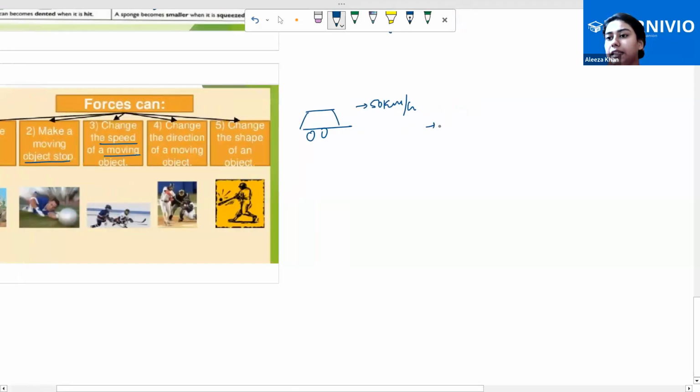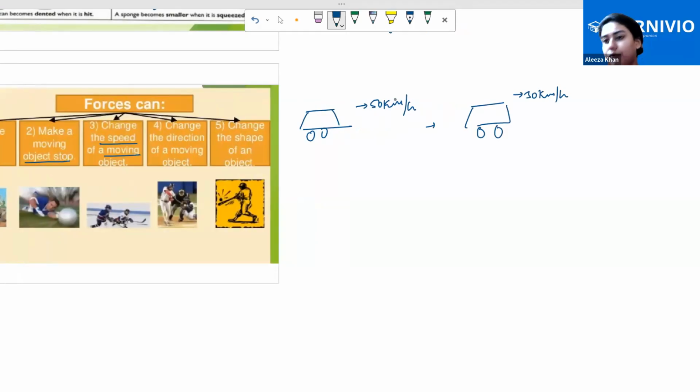After applying the brakes, you have reduced the speed to 30 kilometers per hour. How has it changed? Let's say it was moving at 50 kilometers per hour and somewhere a breaker comes in between. So it has reduced the speed to 30 kilometers per hour. Okay, understood? Yes.